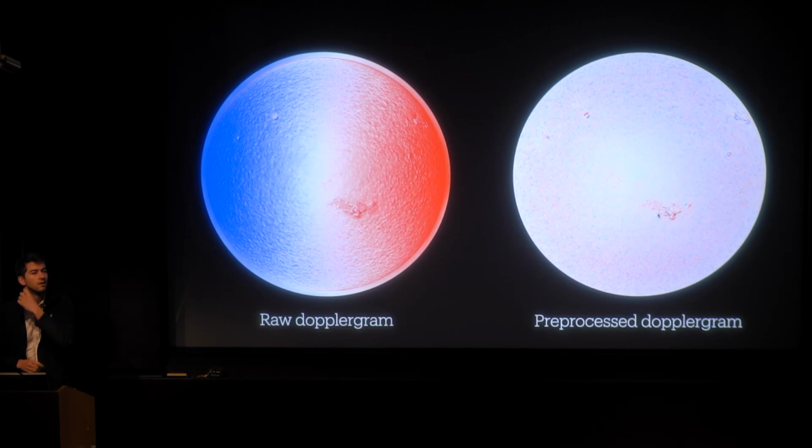Yes? Taking the weather forecast analogy, if you train based on clouds over the Atlantic and then try to use the same model on clouds over the Pacific, you'll get bad results because the ocean currents are different. Is there anything analogous like that on the sun?